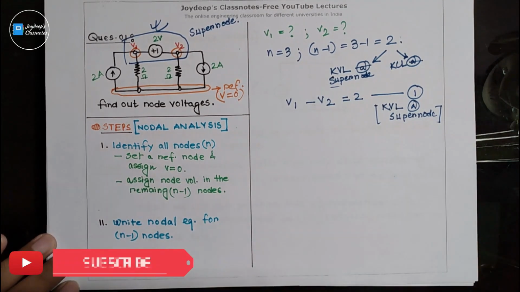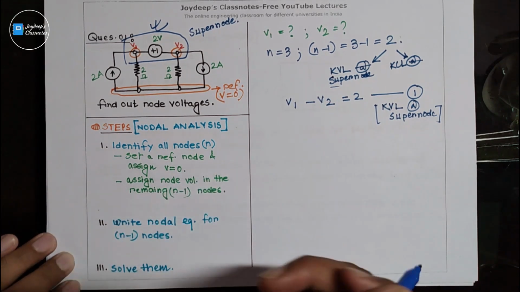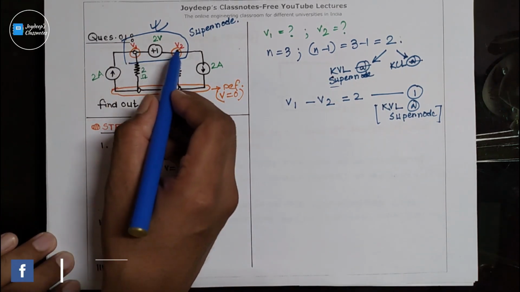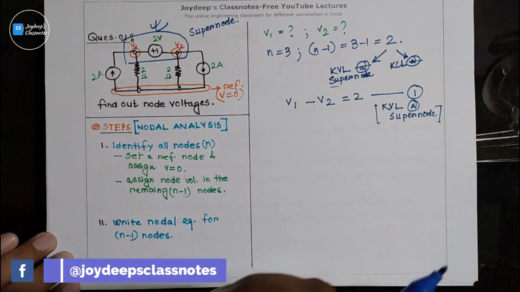Now, what about the other equation? To write the other equation, we will use KCL. We will assume that these two nodes are a single node.